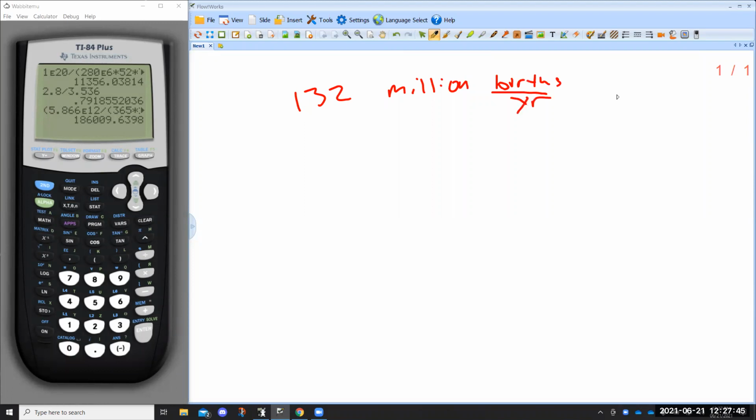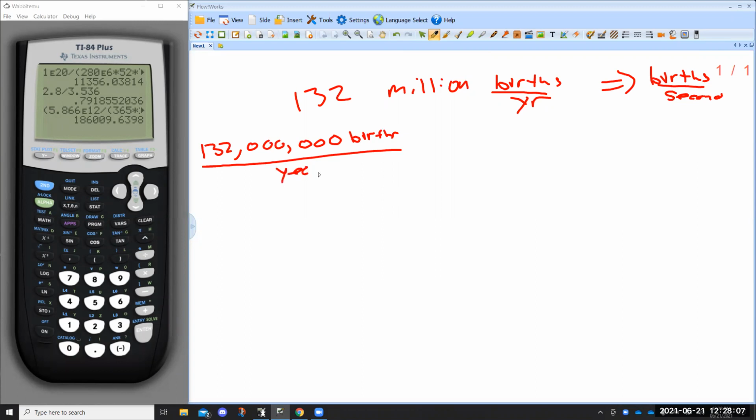Express this quantity in births per second. So again, we're making about the same conversion, but let's do 132 million births per year.